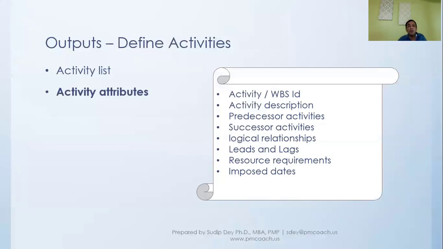So these are imposed dates. Are there any imposed dates on any particular activity? And then, of course, what are the constraints and assumptions on this particular activity? This is also something that we'll add as activity attributes. So this will give us the activity list and activity attributes.